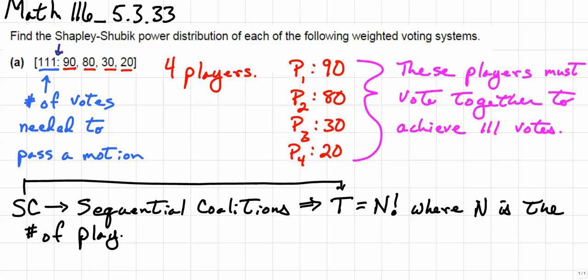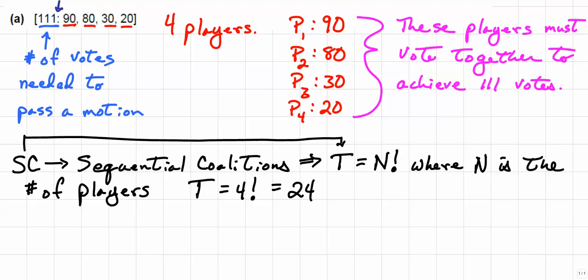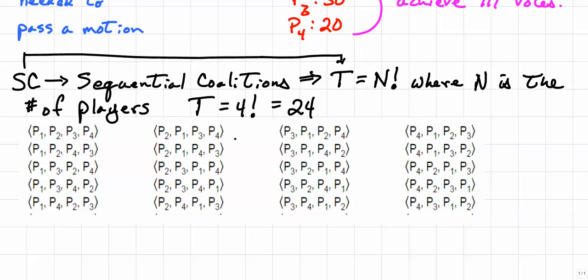So in this case, since I have 4 players, T will be equal to 4 factorial, which will be equal to 24. So that's the number of sequential coalitions that exist, which means that I need to write out all 24 of them. So these are the 24 sequential coalitions.